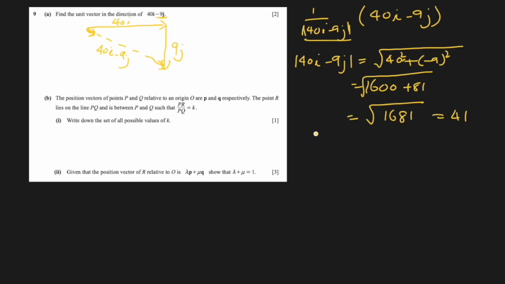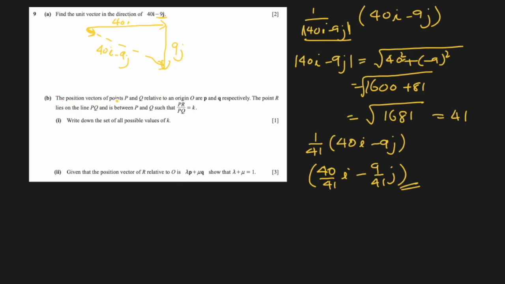So it will be 1 over 41 times 40i minus 9j. You can leave your answer like this, or if you want to bring 41 inside, you can write 40 over 41 i minus 9 over 41 j. This is the unit vector in the direction of the vector they are saying.